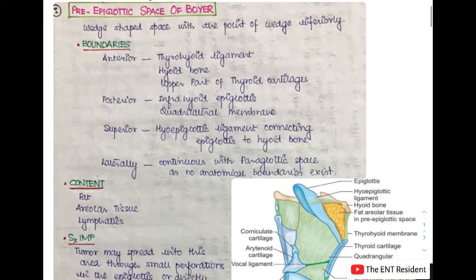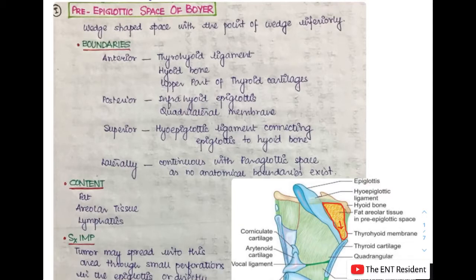Now as you can see, this space is actually wedge shaped with the point of wedge directed inferiorly. You can see in the picture over here, this is the pre-epiglottic space of Boyer, and you can see how this space is wedge shaped with the point of the wedge being directed inferiorly.